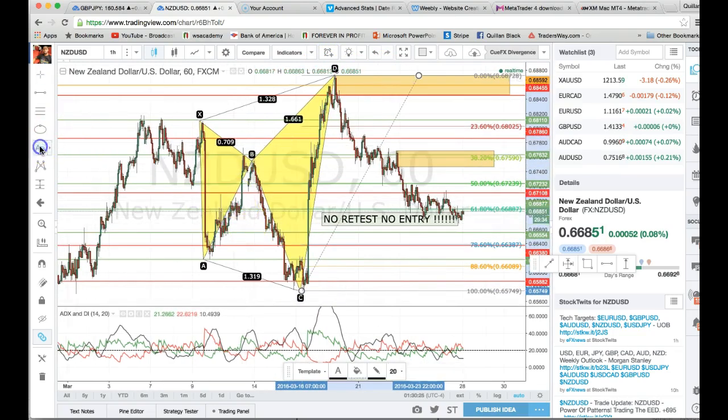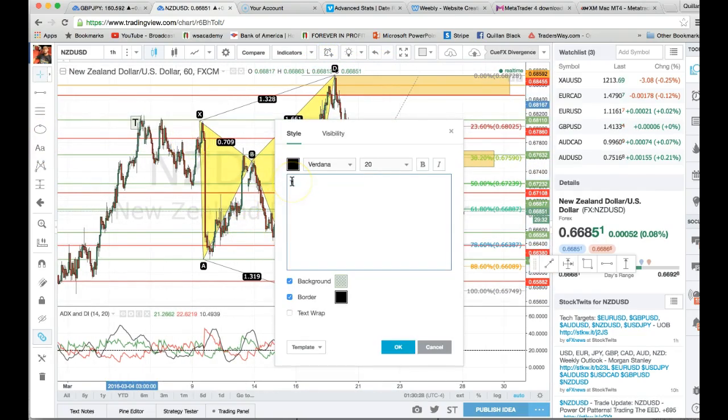So let me write this down. TP1 would be at the 38.2 retracement. TP2 would be at 61.8.